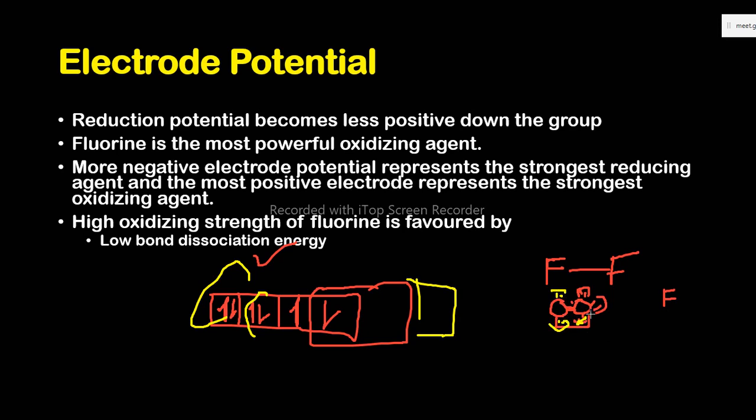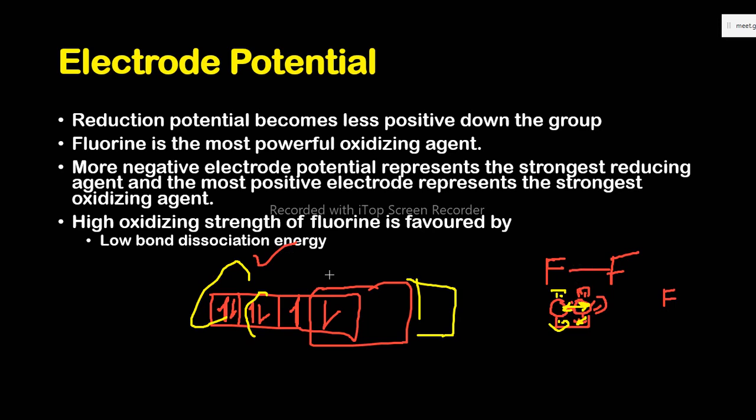The lone pairs of electrons will repel each other, and this force of repulsion between the lone pairs will extend the fluorine bond, which makes it weak to be broken.